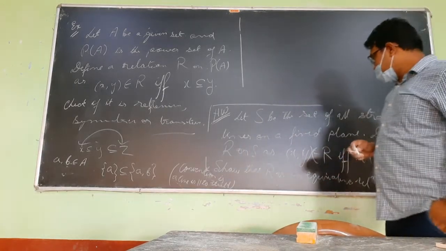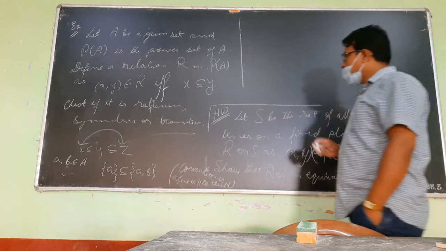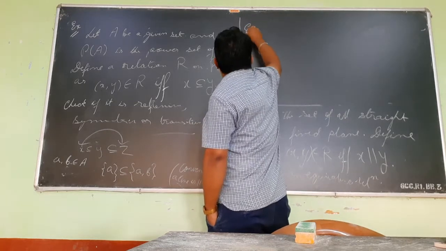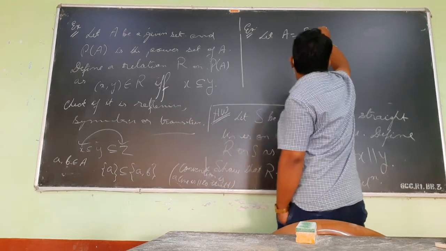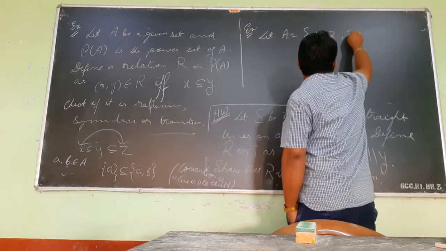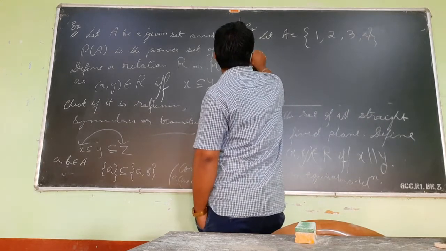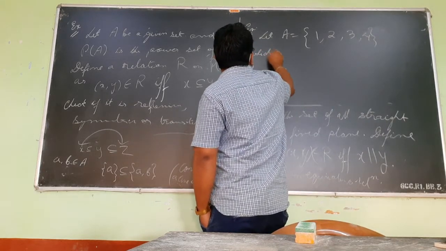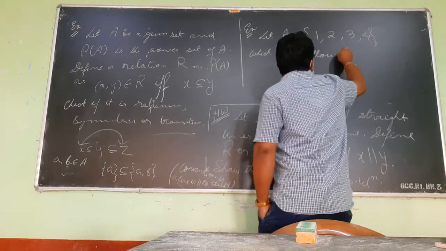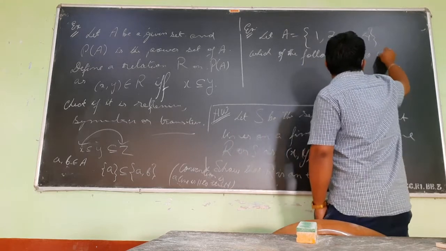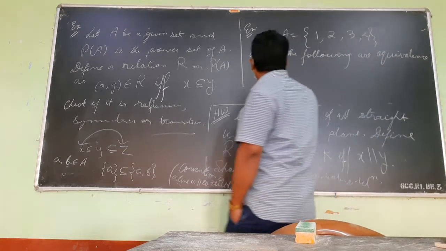Next, try this. Let A be the set {1, 2, 3, 4}. Which of the following are equivalence relations?